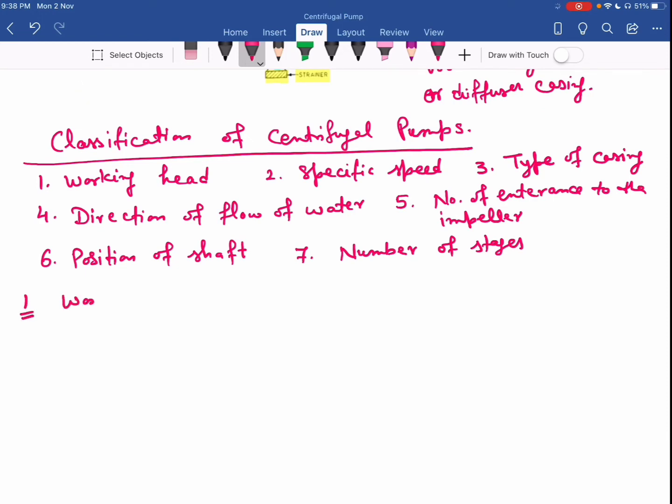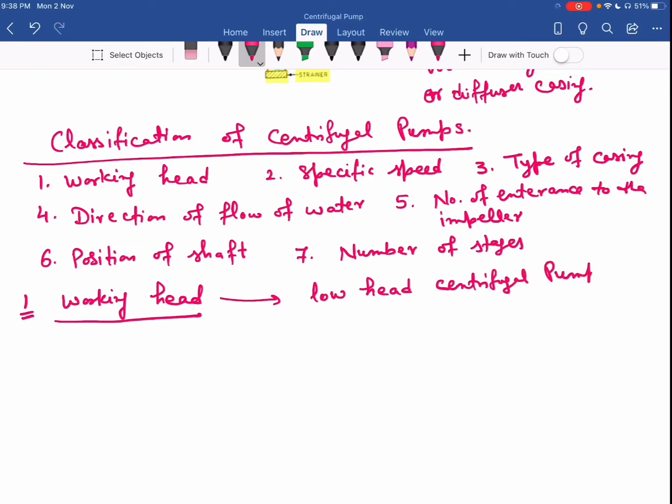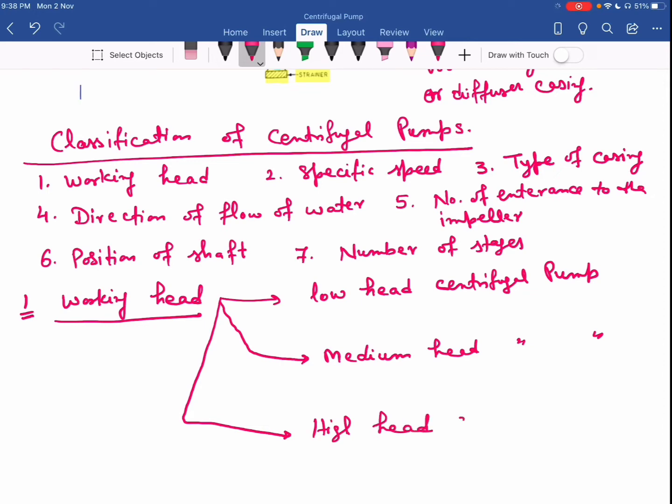Now the first classification is on the basis of working head. On this basis, we have three different types of pumps: one is low head centrifugal pump, the second is medium head centrifugal pump, and the third is high head centrifugal pump.